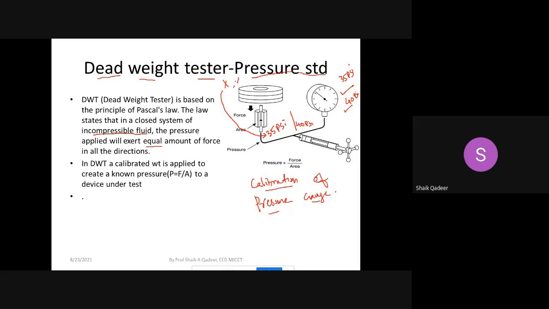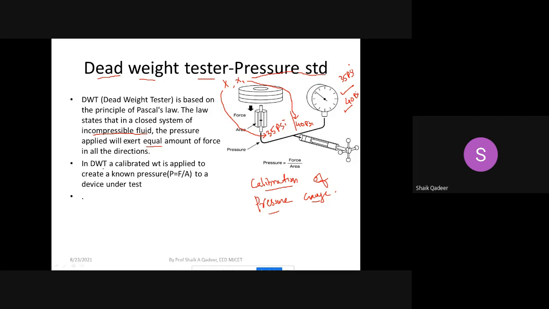Suppose X1 weights are needed in order to create 40 psi of pressure. Then in the second case, we apply X1 amount of weights. In the first case, we apply X amount of weights and we get 35 psi of pressure in all directions. If the connected gauge is also showing 35 psi with the application of this much weight, and in the second case it is also showing the same value, then we can say that it is a quality check meter.